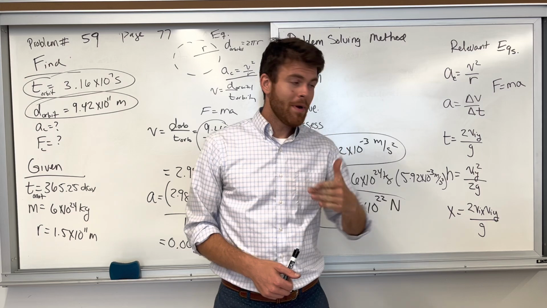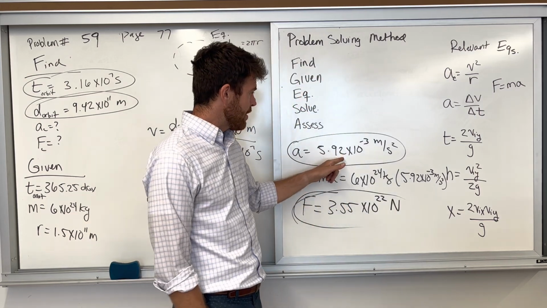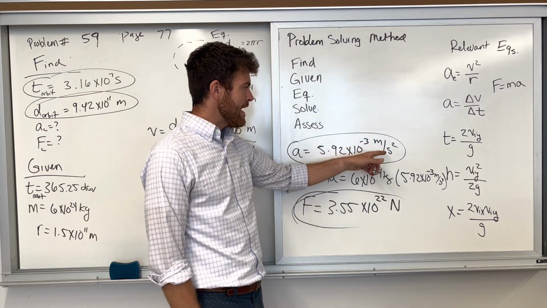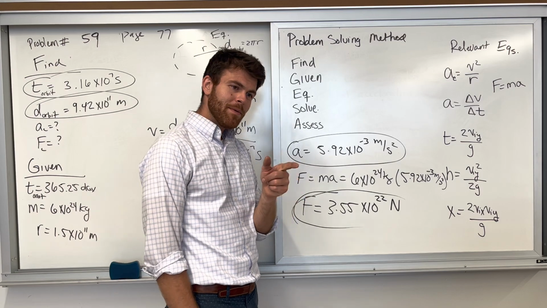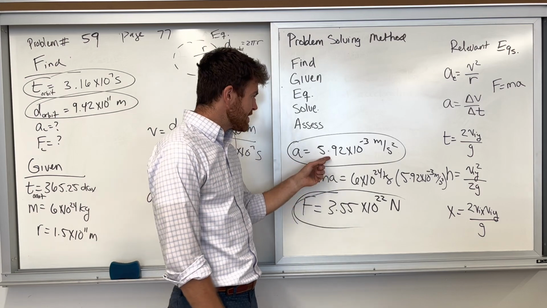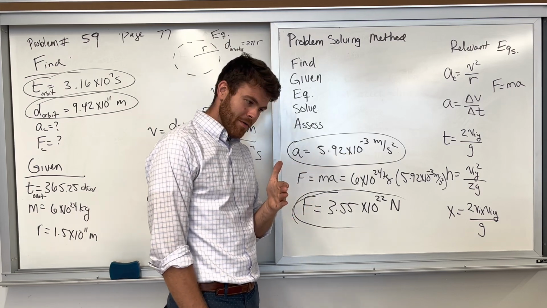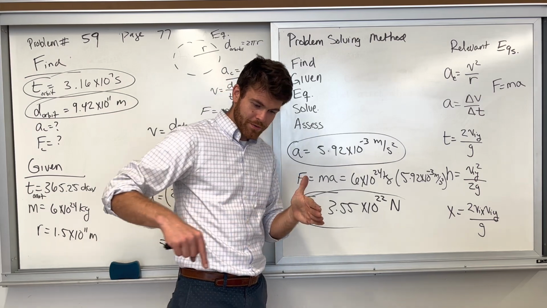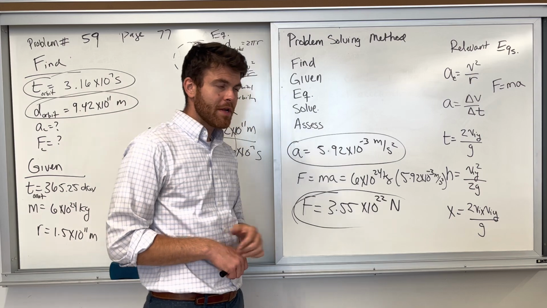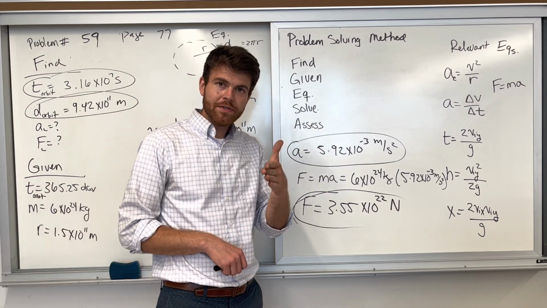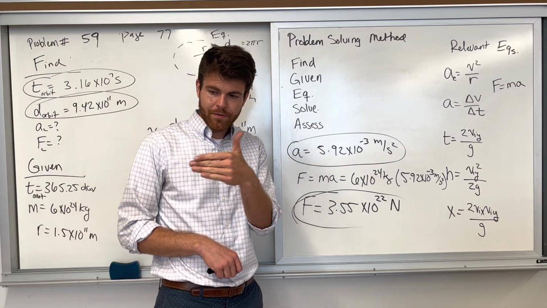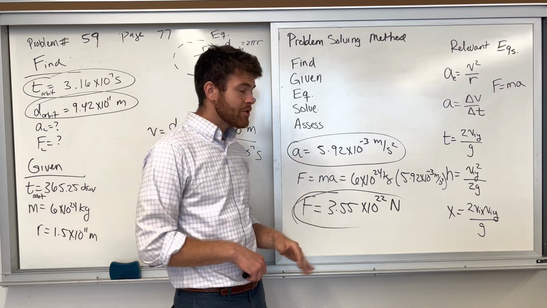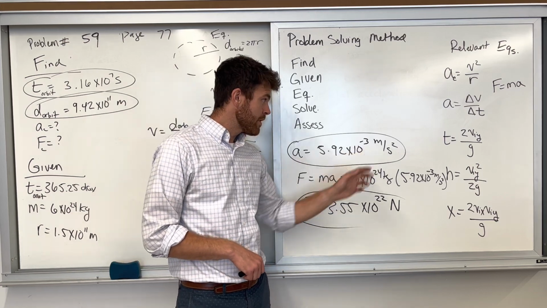Remember, this is the change in direction of the Earth's velocity every second. How many meters per second per second? So it's minuscule, because it's just a slow, gradual turn as it goes around the sun. The turning is very gradual, and so it makes sense that the acceleration would be small, especially in units of meters per second squared.